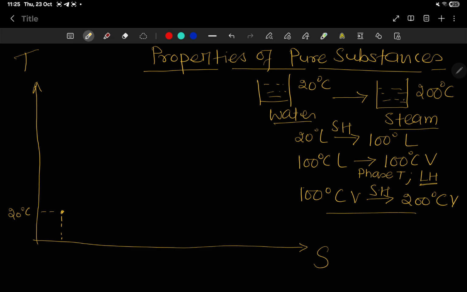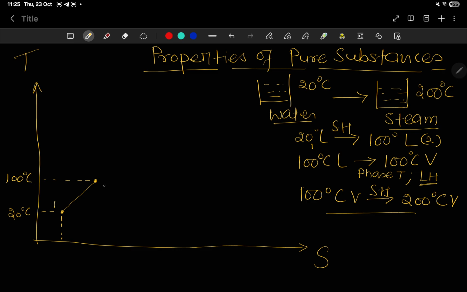This is point 1, right? Then we are increasing its temperature up to point 2, which is 100 degrees Celsius.